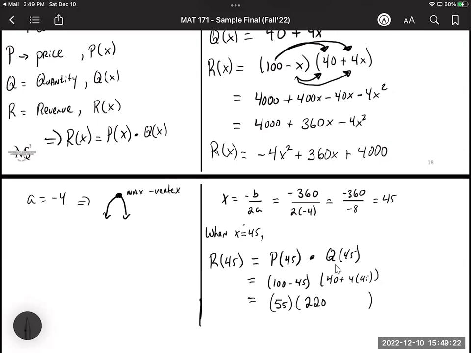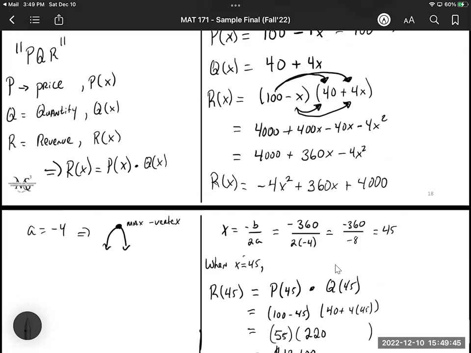So if you can't use a calculator on your exam, then this is reasonable. You can leave your answer here. That's why I showed you this. But if you're allowed to use a calculator, then 55 times 220 is 12,100. And that would be the solution to problem number 16.